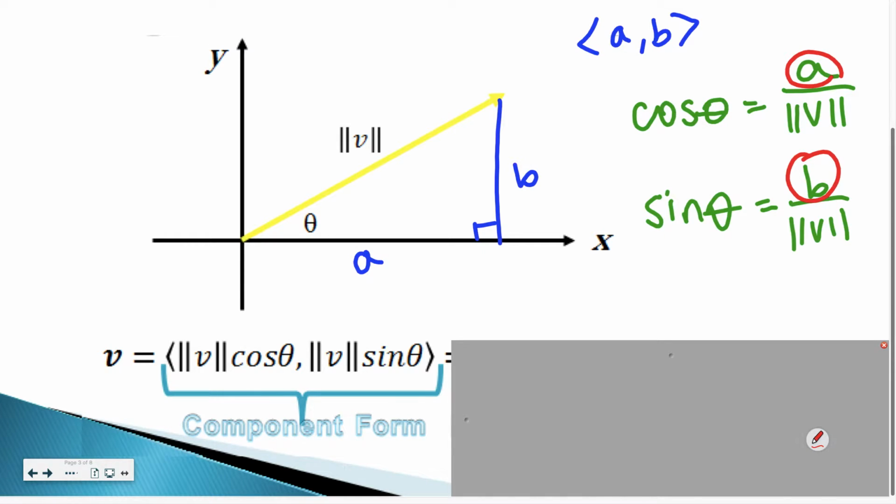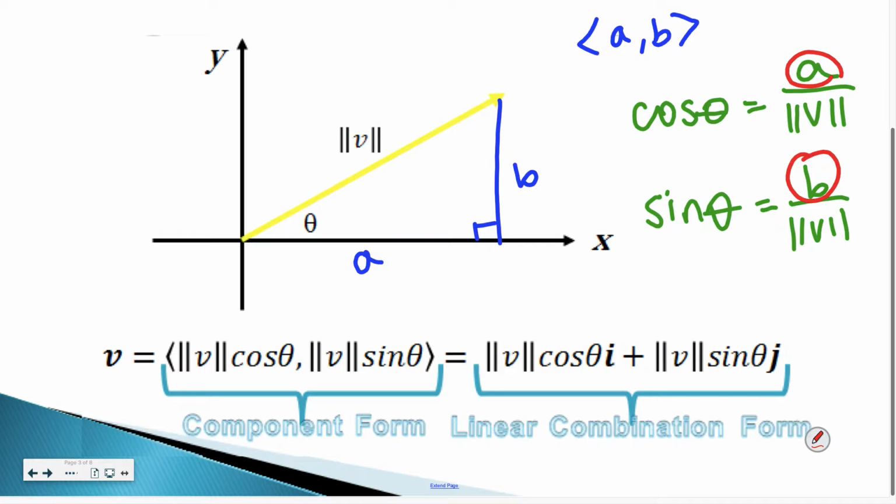In linear combination form, we have the same thing. Just remember that we essentially have our horizontal component as our coefficient for I, plus our vertical component as our coefficient for J.